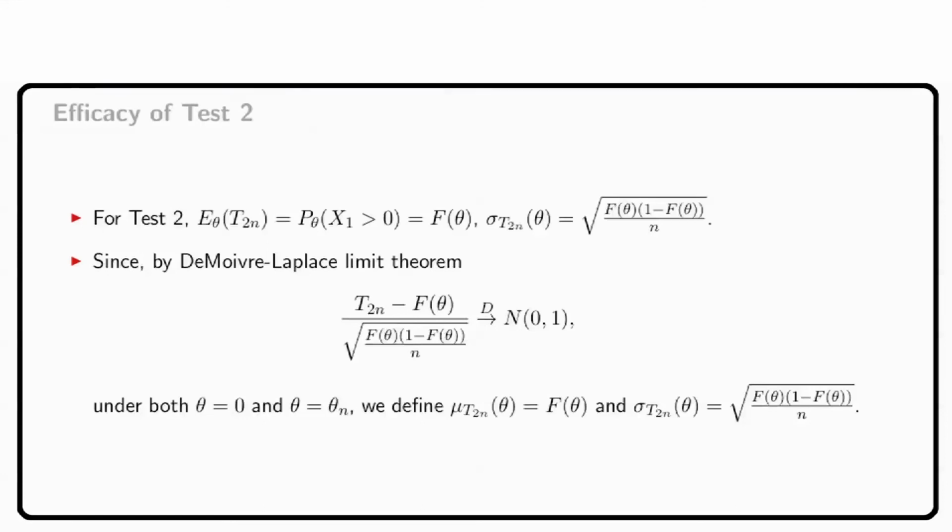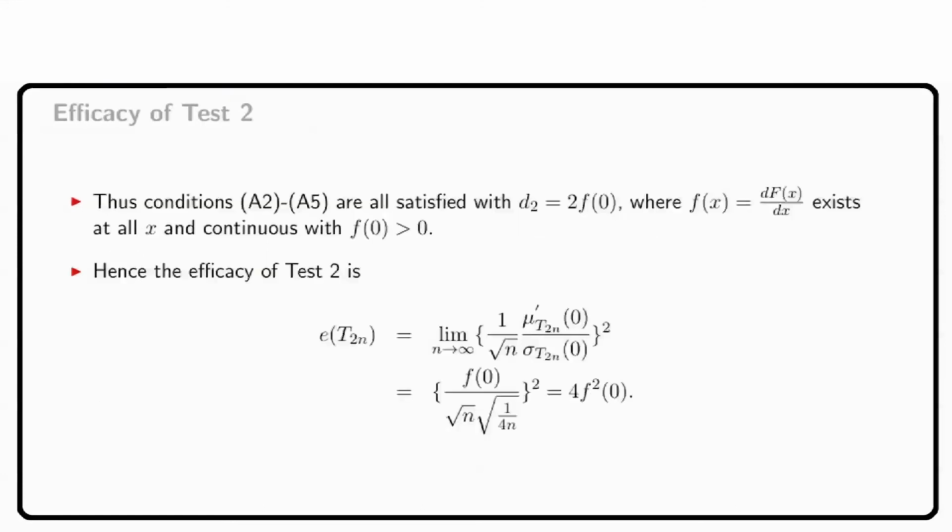And next, defining mu_T2n(theta) equal to F(theta) and sigma_T2n(theta) equal to the root of F(theta) into (1 minus F(theta)) by n, we can satisfy the conditions A2 to A5, and these are all satisfied with D2 equal to twice f(0), where f(x) equal to dF(x) by dx exists at all x and is continuous with f(0) greater than 0. Hence, the efficacy of test 2 is defined by 4 f(0) square at 0.